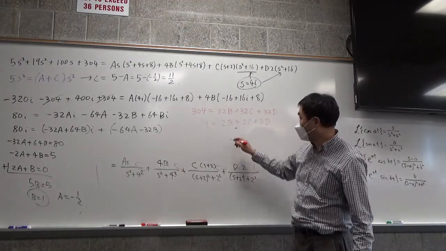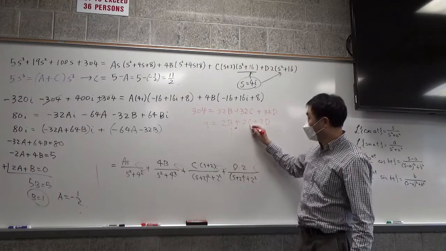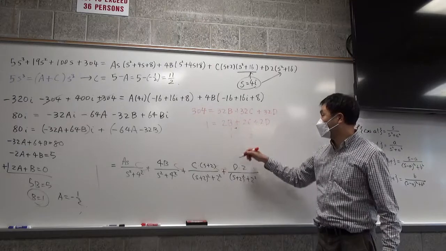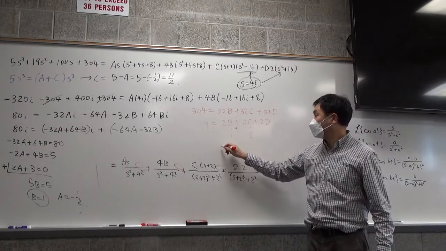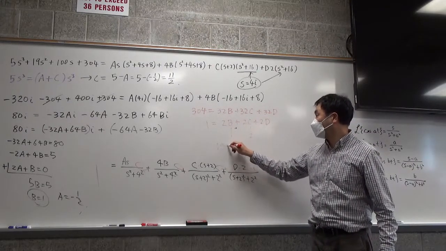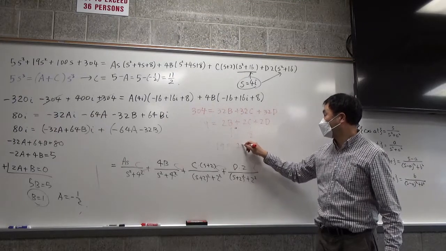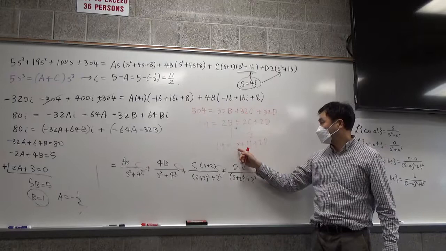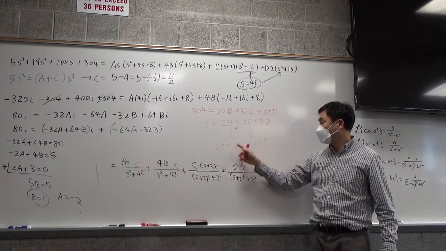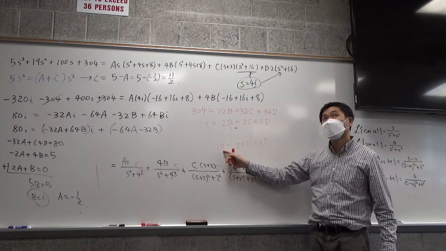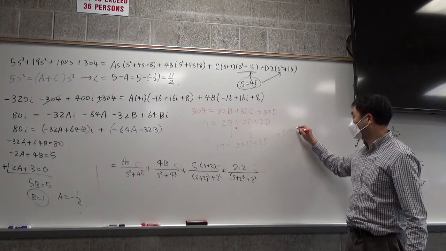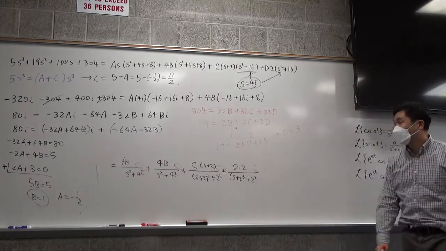And if I plug in 1 and also 11 over 2 into b and c, you get 19 equals 2 plus 11 plus 2d. So what's that? That's 13. 19 minus 13, that's 6. So d is 3. Okay?